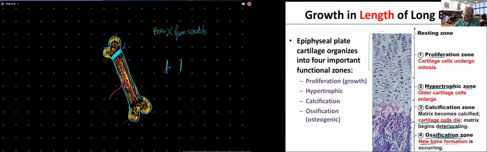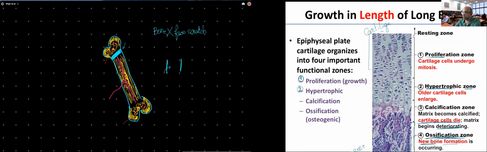So if we're looking here at the junction between the cartilage and the bone, we're going to see 4 zones. First, the one that shows the rapid proliferation of the chondrocytes, the rapid enlargement of the cartilage plate. This is my proliferation zone. Then the cartilage becomes mature, the cells become larger in size.